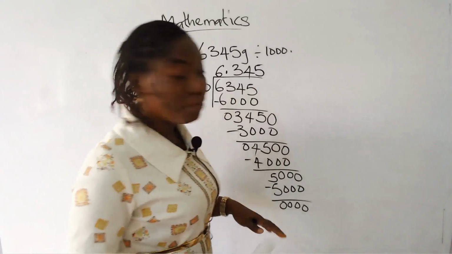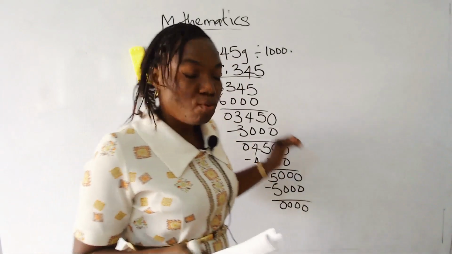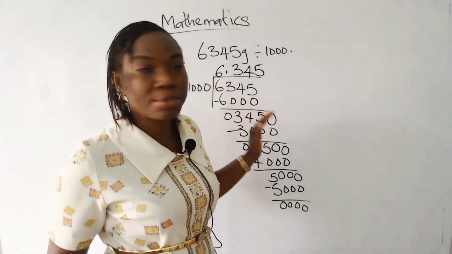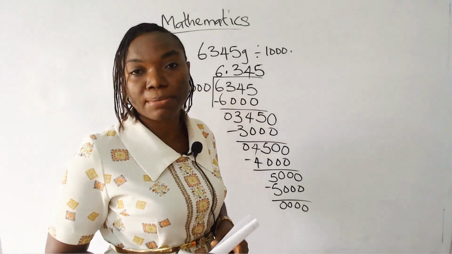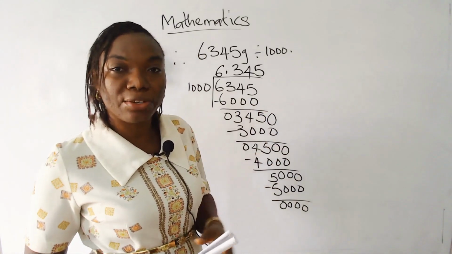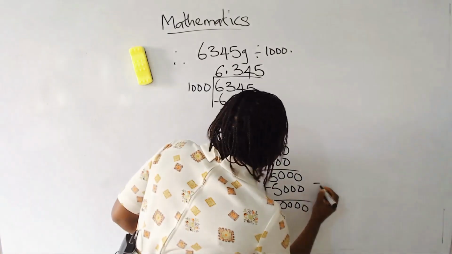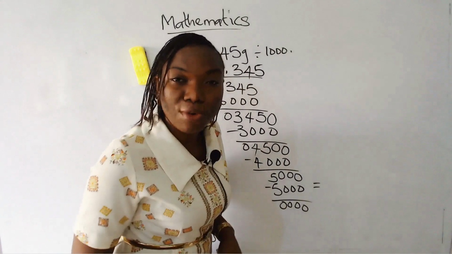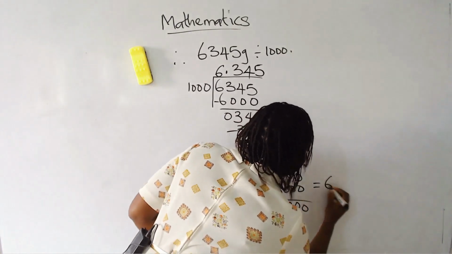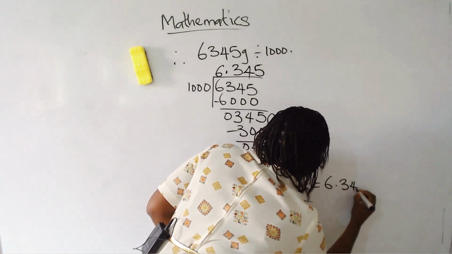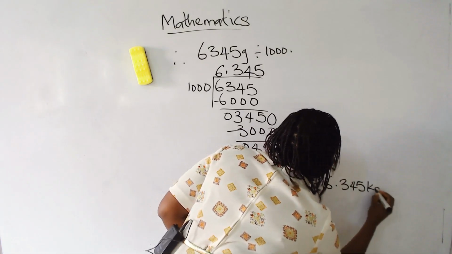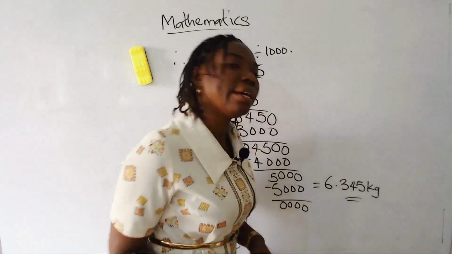Now, remember, don't forget where we are converting to. We are converting from grams to kilogram, from a smaller unit to a bigger unit. Now, you can see that the answer will be in kilograms. 6.345 kilograms. Is that clear?